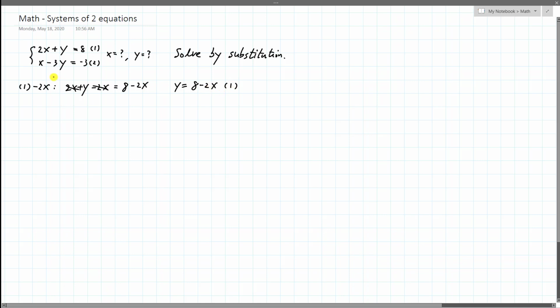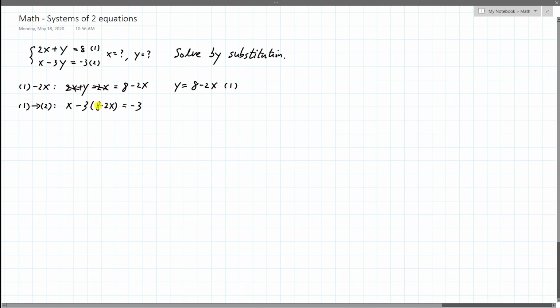And if we look at equation 2, it has y. So if we substitute that y with this expression, y is gone and replaced by x and numbers, so we get our wish. So we can say that equation 1 plugs into equation 2. Okay, so how does that look? x minus 3, now y gets replaced by this, 8 minus 2x, equals minus 3.